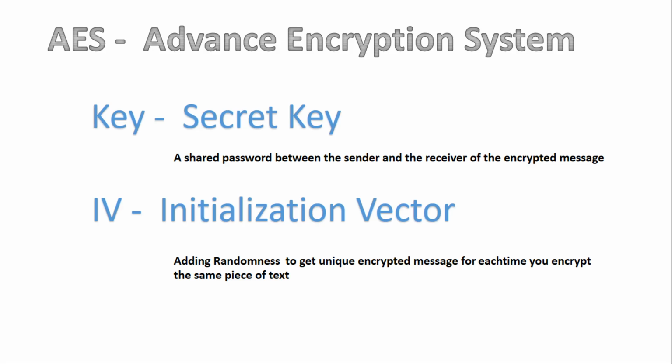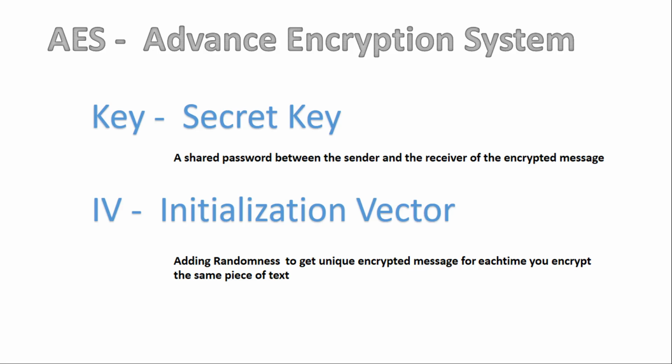Okay. Then what is the IV? IV is called the initialization vector. This is like a random number, adding randomness to the encryption. So this IV is a random value used to ensure that even if you encrypt the same piece of data multiple times with the same secret key, the result will be different.